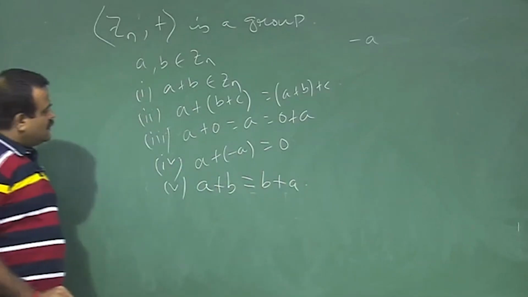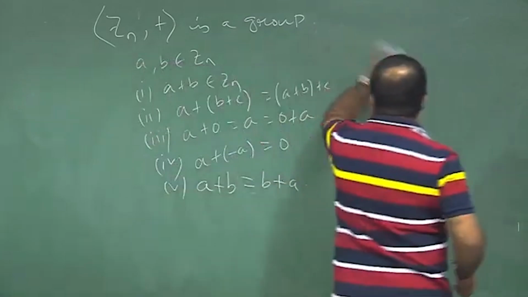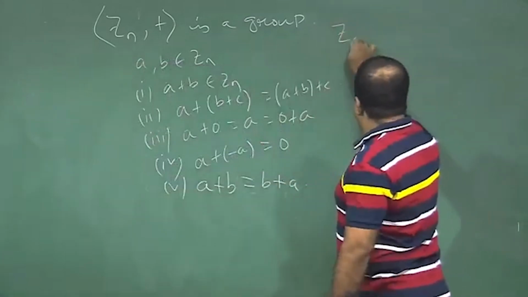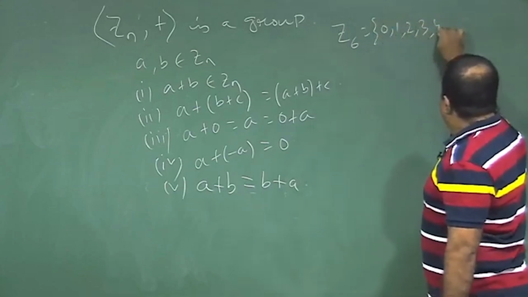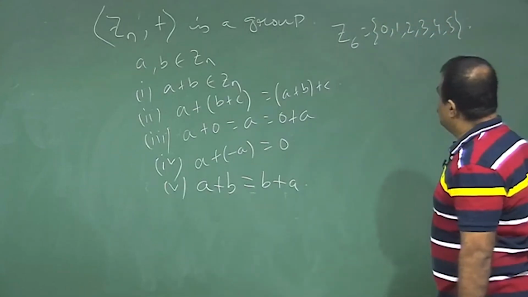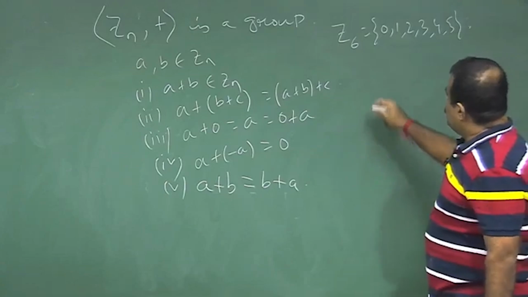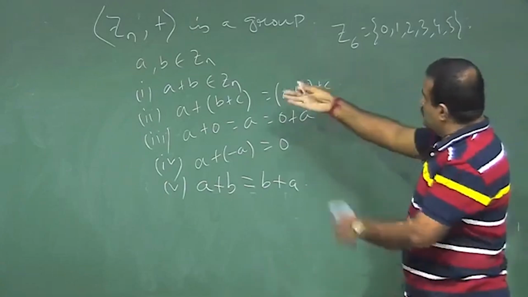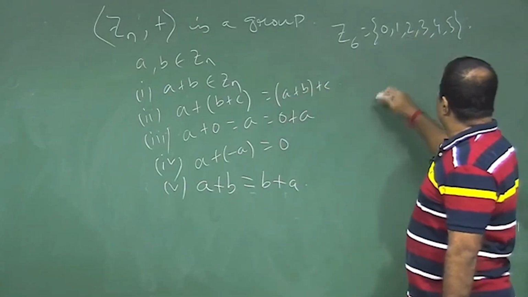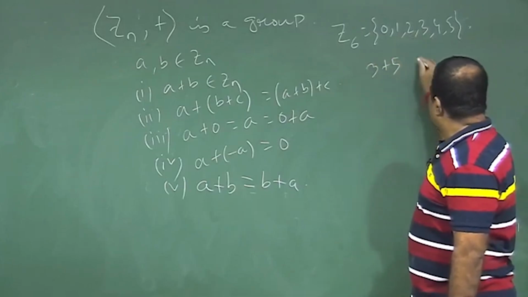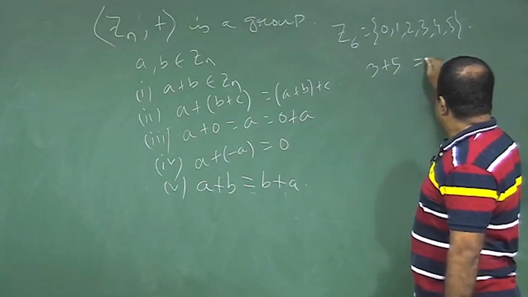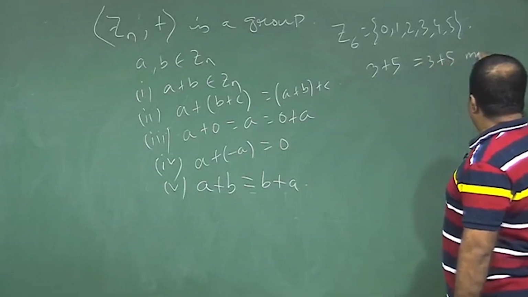Okay, so now we just take an example. Suppose we take this Z6. Z6 is basically 0, 1, 2, 3, 4, 5. So the closure property is satisfied if you take any two elements. Say 3 plus 5, how we define this is basically 3 plus 5 mod 6.